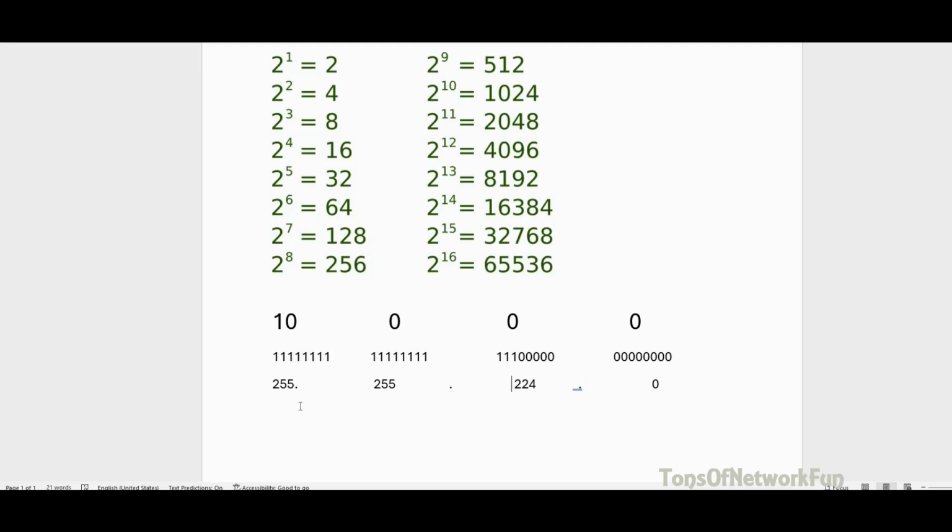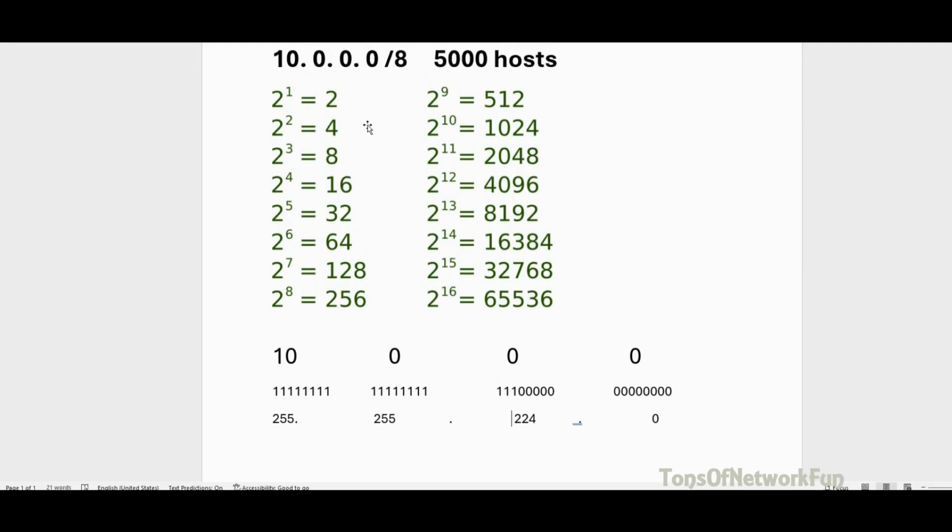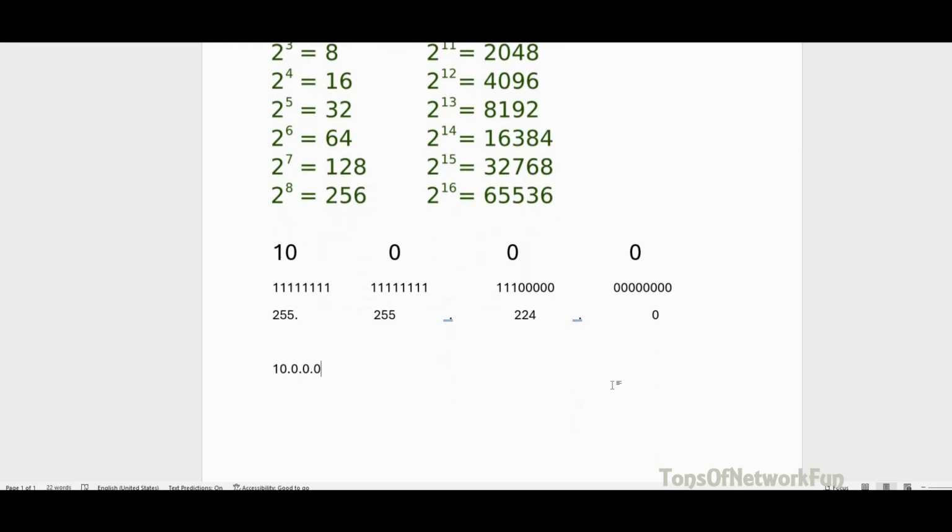The new subnet mask is 255.255.224.0. The network ID is the same as what's given to us, 10.0.0.0, and the new slash value is slash 19.